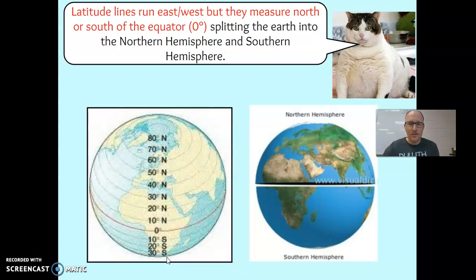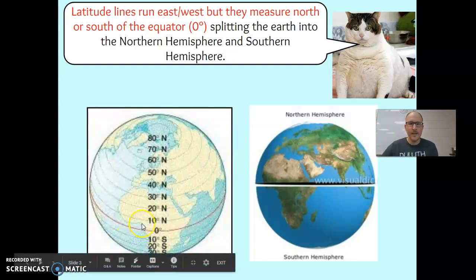And that's the very first step that people get confused in, is that they see these lines running this way, and so they assume that they're measuring east to west, right? And that's just not true. And they divide our planet into a northern hemisphere, or the northern half, and the southern hemisphere, or the bottom half. Okay, again, you're responsible for the stuff that's in red, and if I'm going too fast, just pause it.